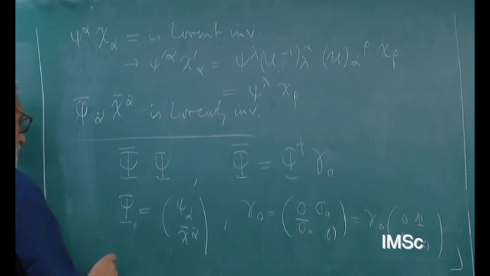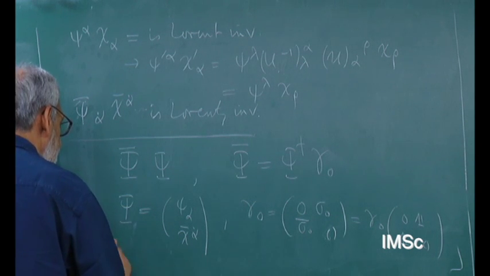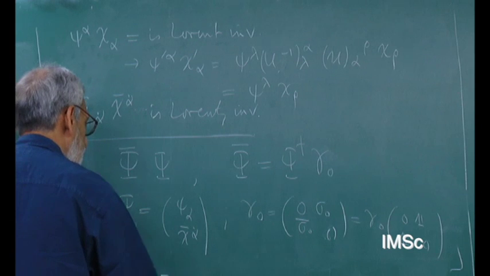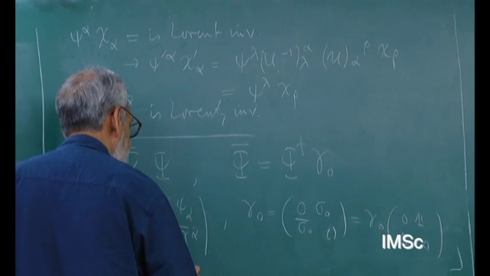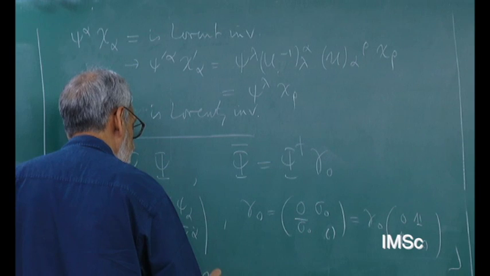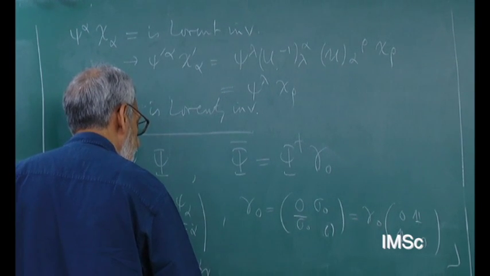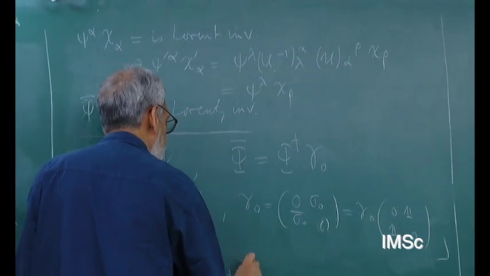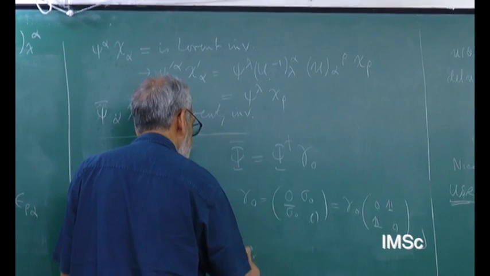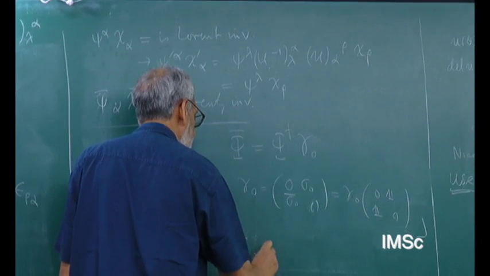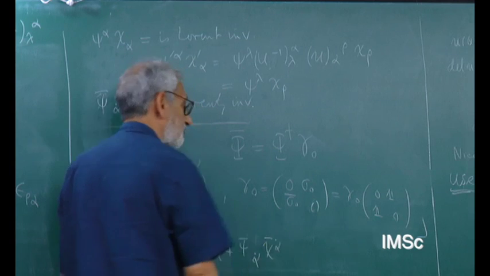Use these things and figure out that this product is nothing but psi alpha chi alpha, psi bar alpha dot down, chi bar alpha dot.